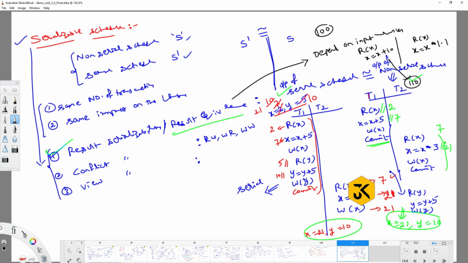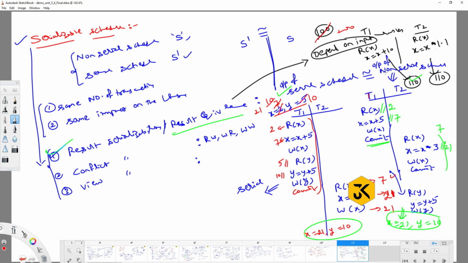But if I take this transaction T2, another transaction, read of x is 100. 100 into 1.1 is again 110 only. But can I say that T1, T2, these different types of transactions are result equivalent? No, because it has been satisfied only for a certain set of inputs. Instead of 100, take 200.